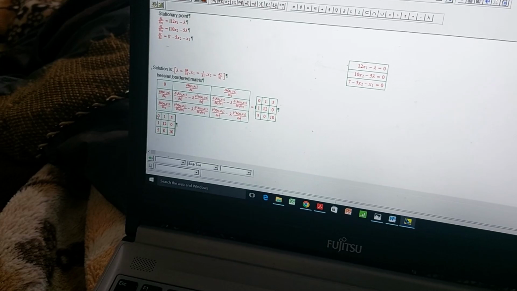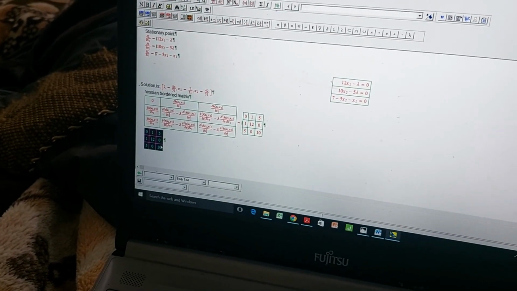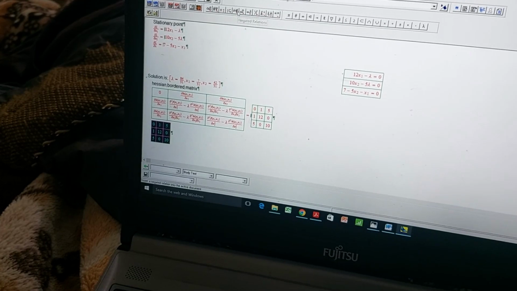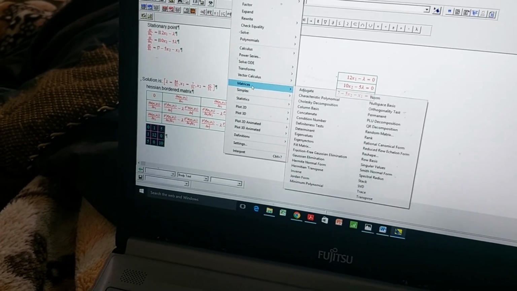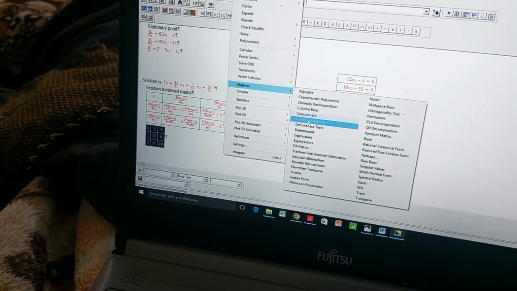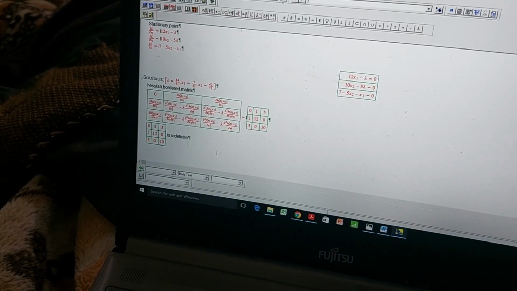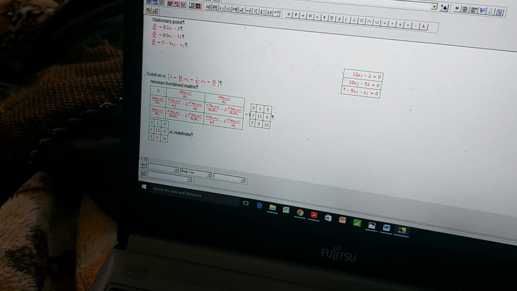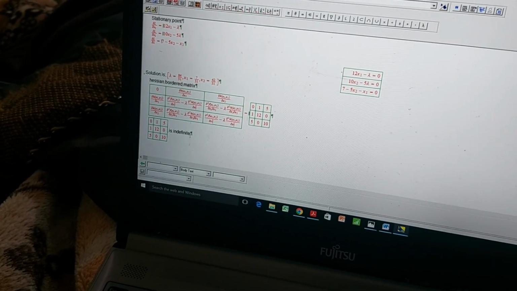Now we want to know if this is positive definite, negative definite, or a saddle point. For that I need to go to Compute, Matrices, and the Definiteness test. Okay, so this is indefinite, so this is the saddle point over here.